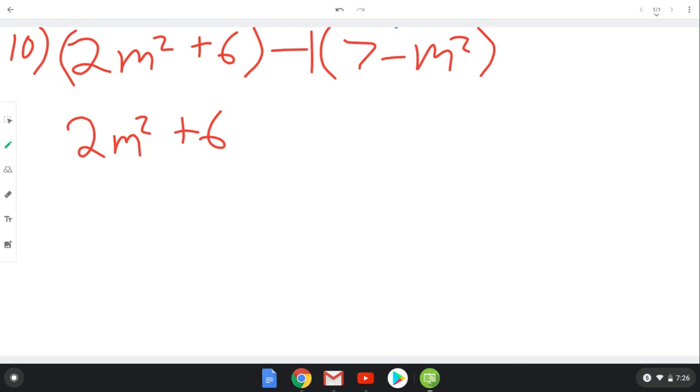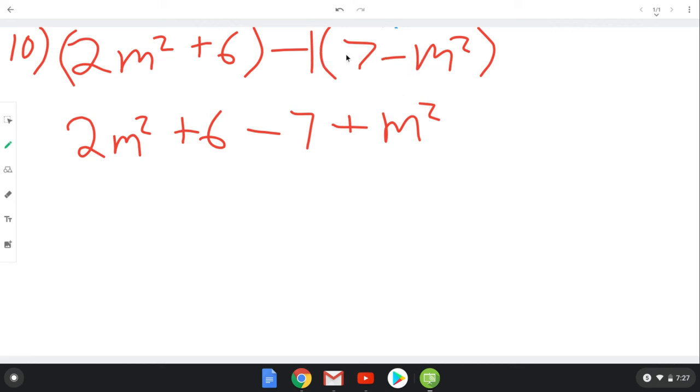We can just drop the parentheses on that, but we have to distribute this negative. If we don't distribute the negative, the answer will be wrong. So we're going to get -7, and then a negative times a negative is a positive. So we get plus m squared.